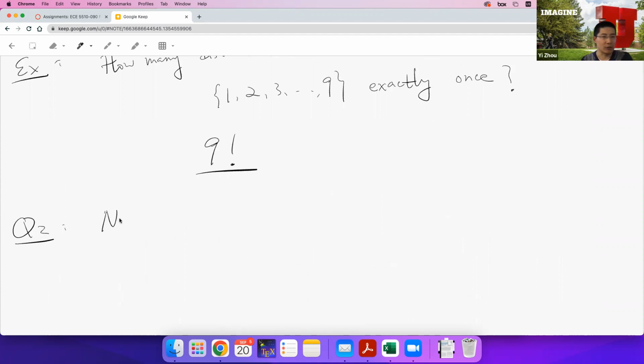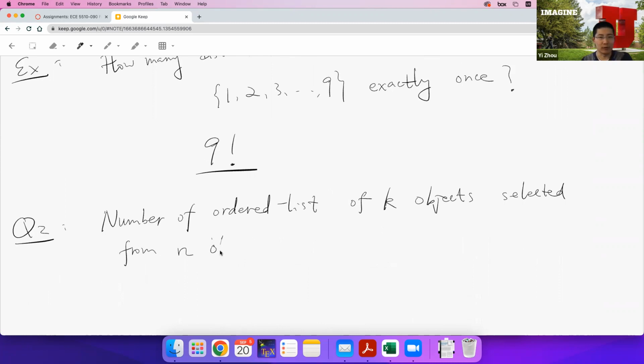Again, we are going to look at the number of ordered lists of k objects selected from n objects, without replacement.